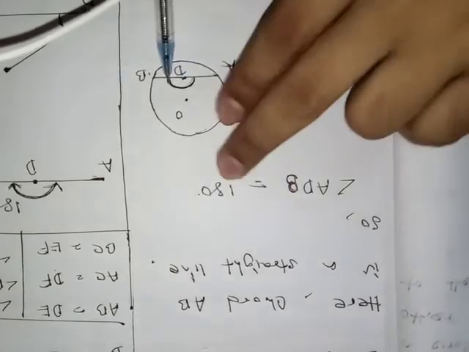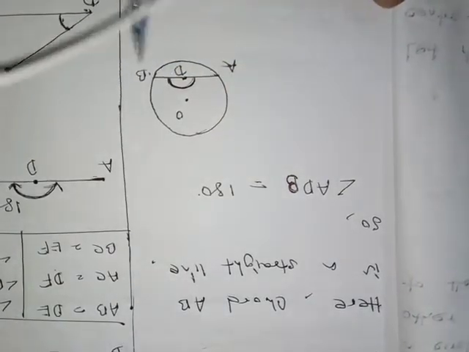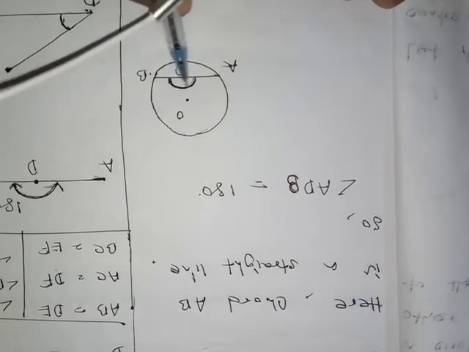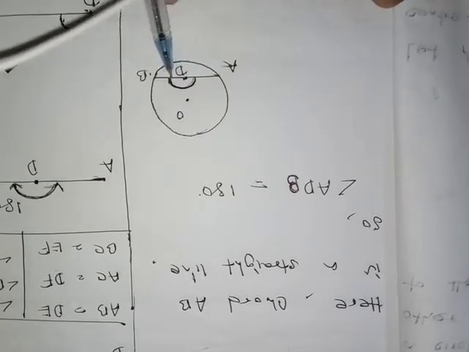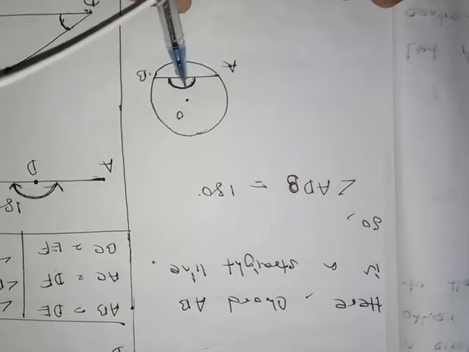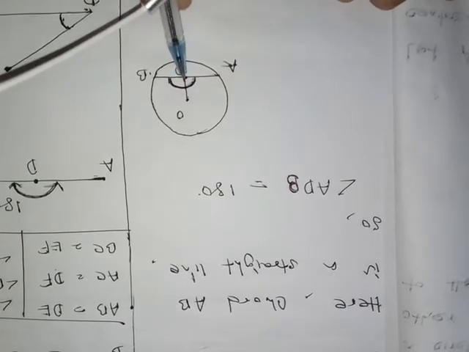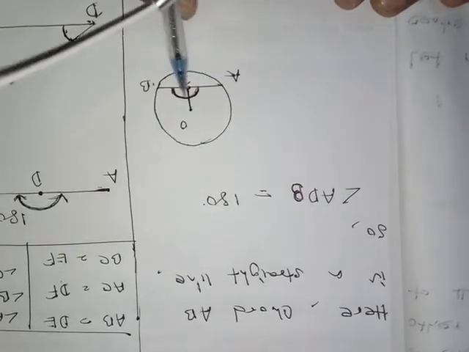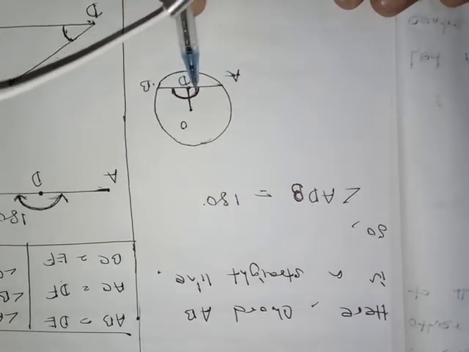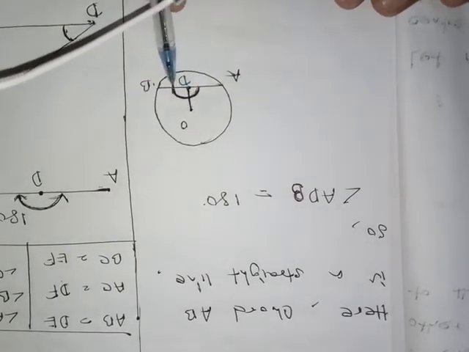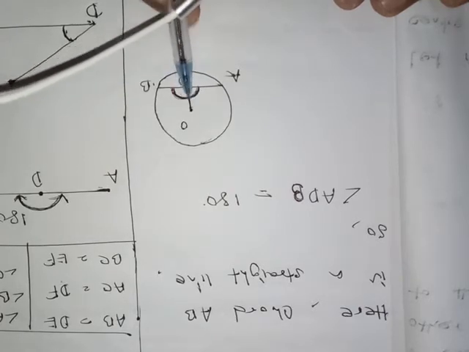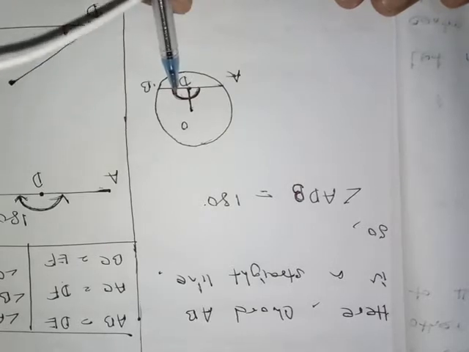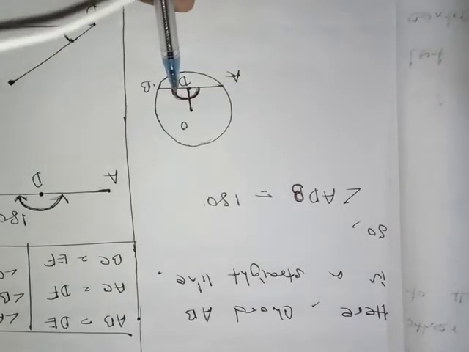This angle is 180 degrees. Now, if I divide this angle by a straight line, that straight line is OD. Now I have divided this angle by a straight line OD, so this angle consists of two angles.